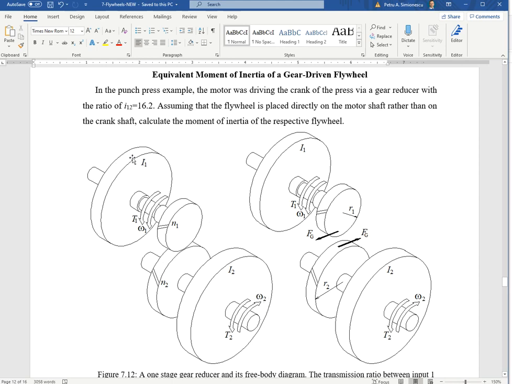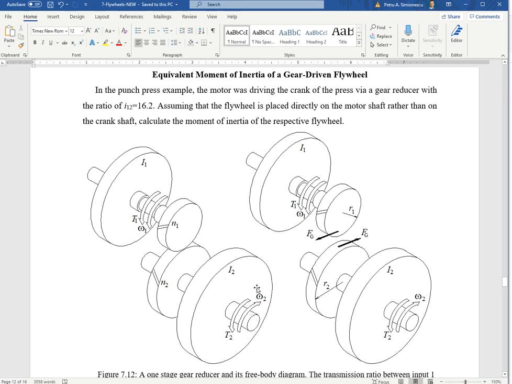Okay, I have two moments of inertia. For the entire shaft, you can include everything you saw earlier. You just add moments of inertia. They are the moment of inertia of the actual flywheel, but also the shaft itself and the gear has some moment of inertia. So total moment of inertia, shaft 1, I1, shaft 2, I2.